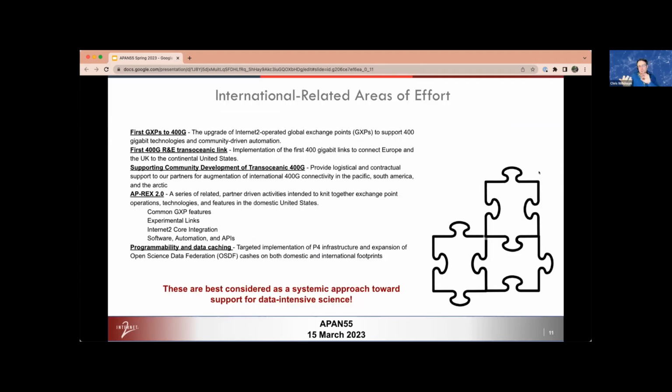Shifting a little bit more towards international, we have a bunch of different areas of effort here. We're bringing our first global exchange points to 400 gigs. We're bringing up our first transoceanic 400 gig links in a partnership with ESnet. We're supporting additional development of transatlantic links in other parts of the world.